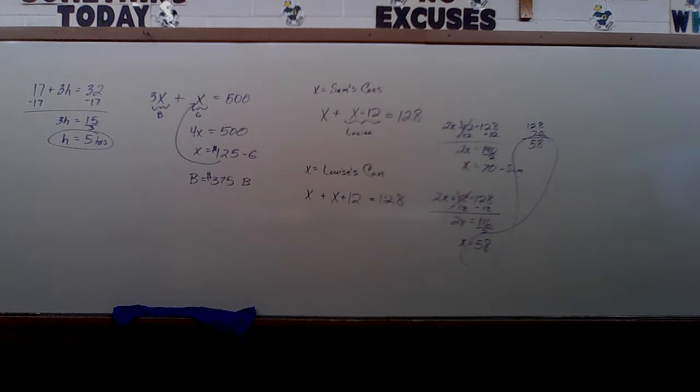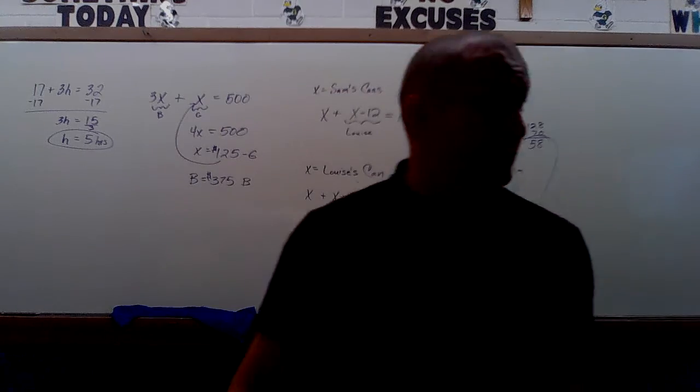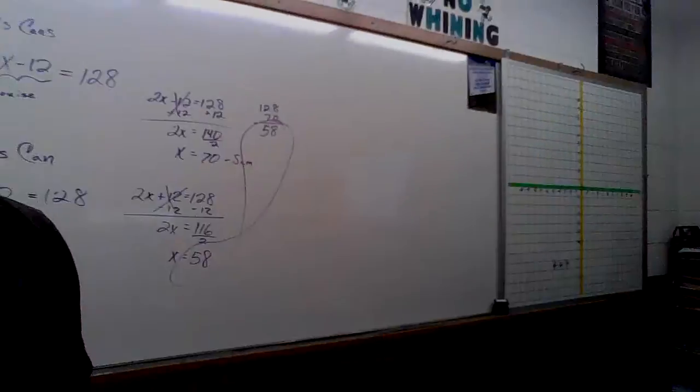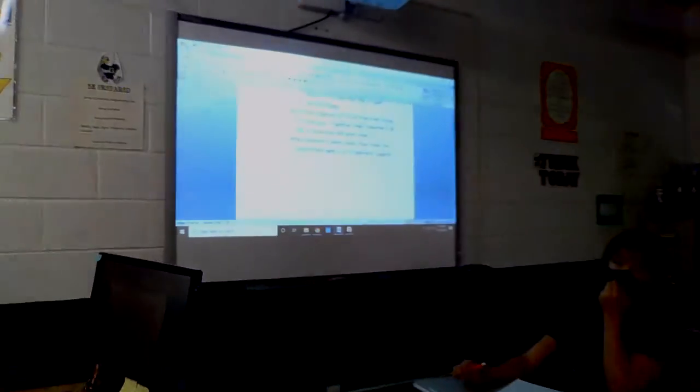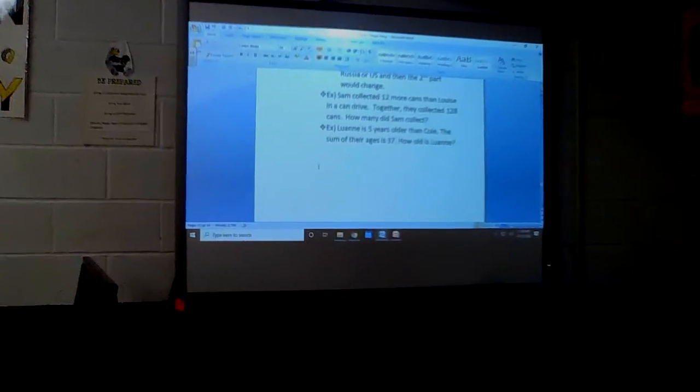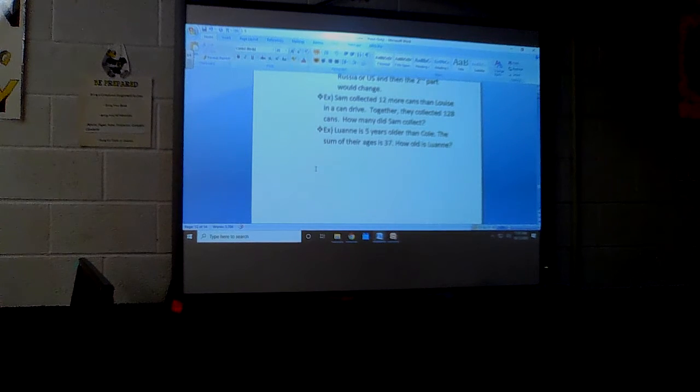Luann is 5 years older than Cole. The sum of their ages is 37. So how old is Luann? So again, I don't care who you make what, but the question I want to ask before you start is, who is older? Luann. Luann, right? So keep that in the back of your mind. Try it out.